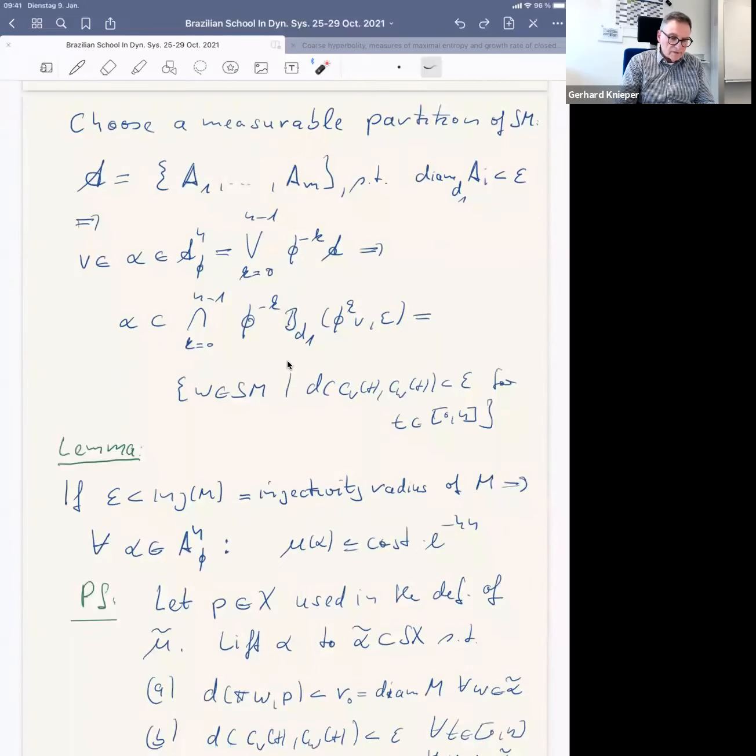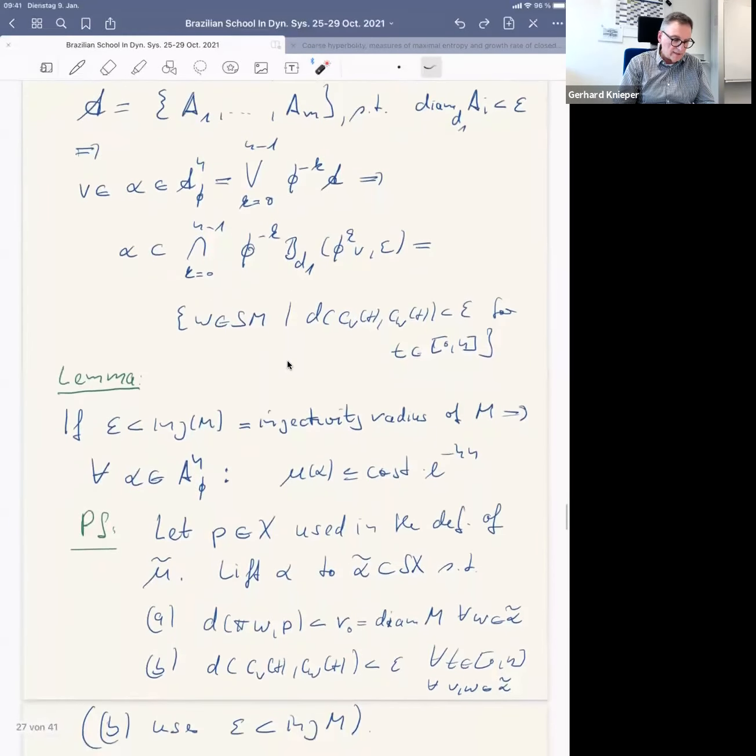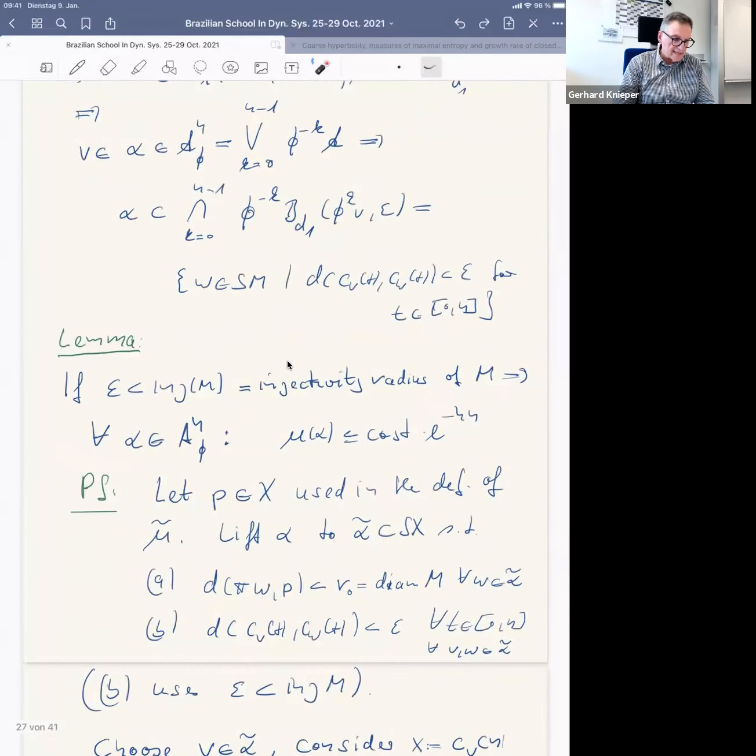Epsilon can be made arbitrarily small, as small as smaller than the injectivity radius of the manifold. The injectivity radius measures in which ball the exponential map stays injective. It's not so important to really understand it, but it is what we can use.